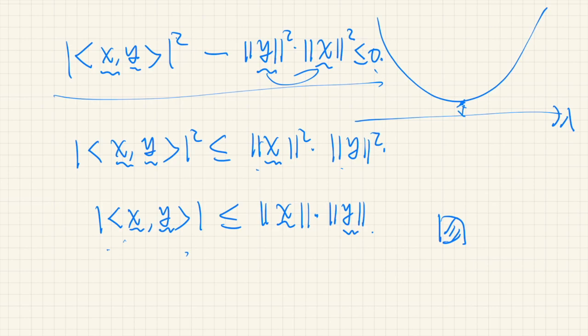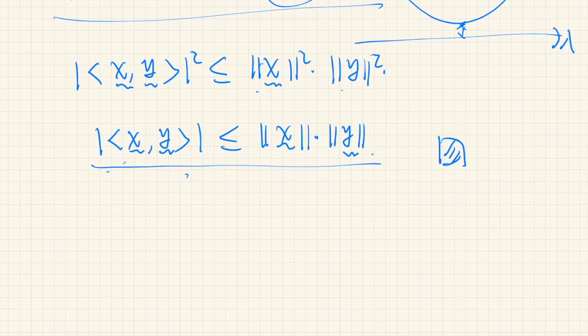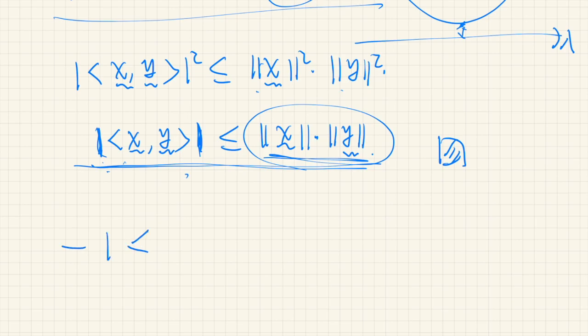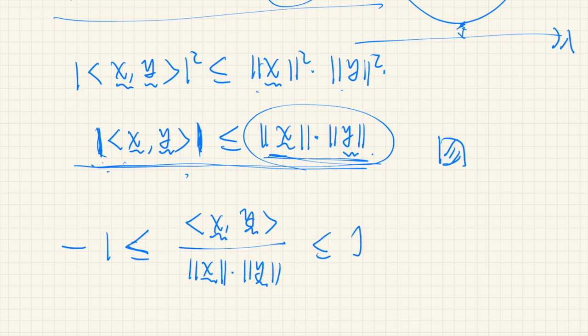Well, so because of this Cauchy-Schwarz inequality, if we divide both sides by this right-hand side, and just get rid of this absolute value, then that means negative 1 is less than or equal to the scalar product divided by the product of the norms, which is less than or equal to 1.